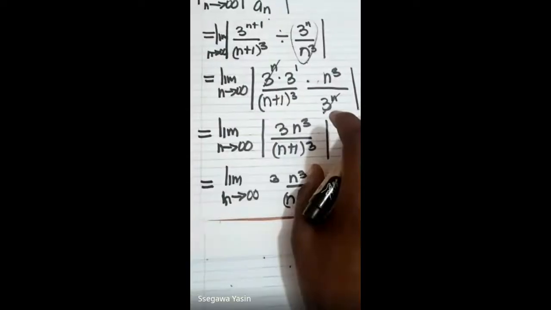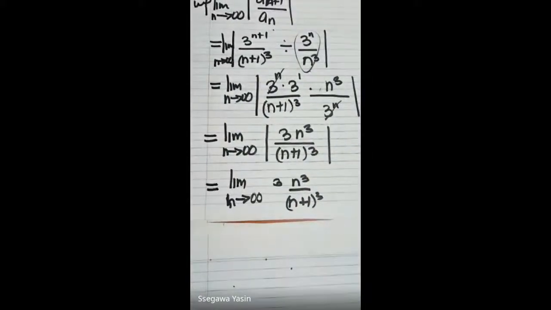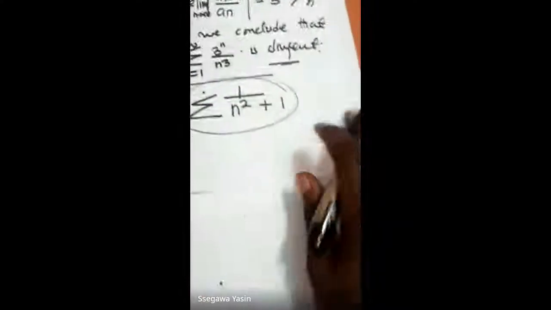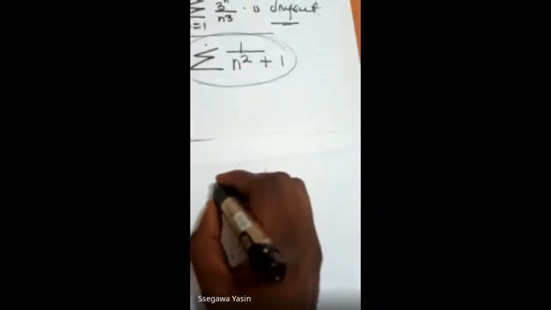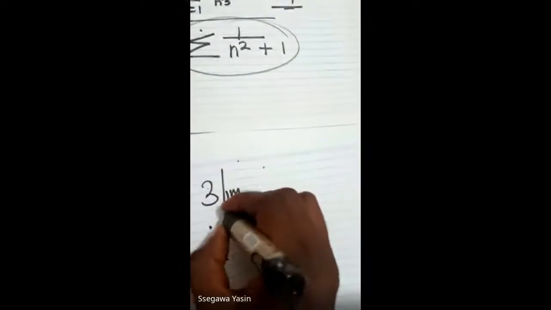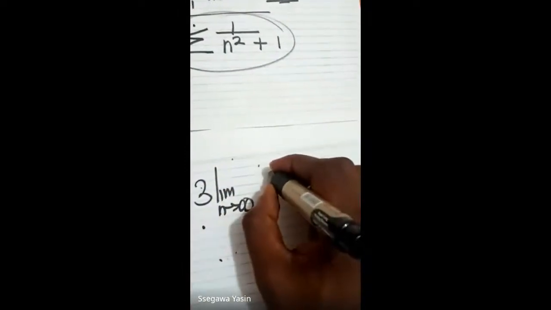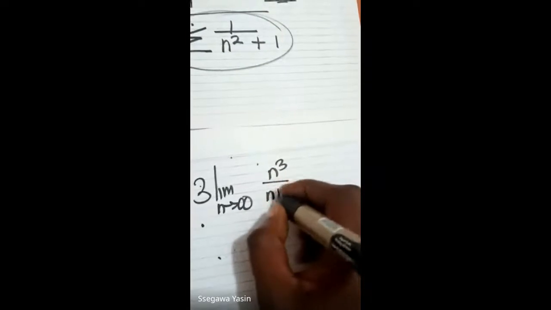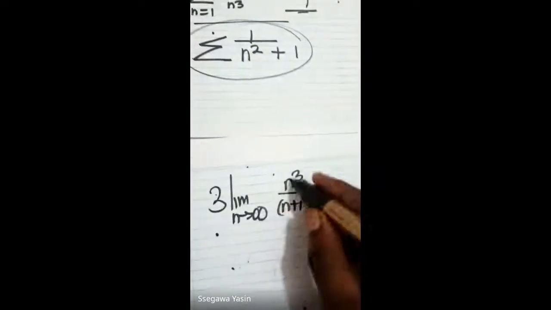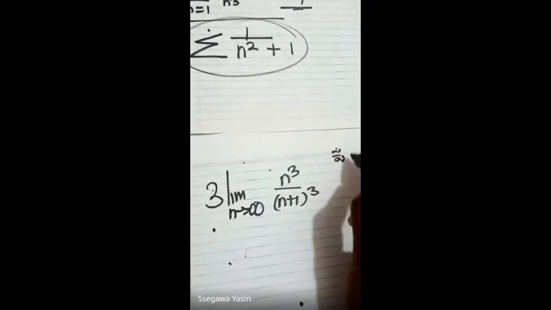So that's the same as 3, the limit as n tends to infinity of n cubed out of (n plus 1) cubed. When you substitute in infinity, you go to L'Hopital's, right? The limit as n goes to infinity of n cubed over (n plus 1) cubed: when you substitute infinity, it will be infinity over infinity, which is indeterminate.